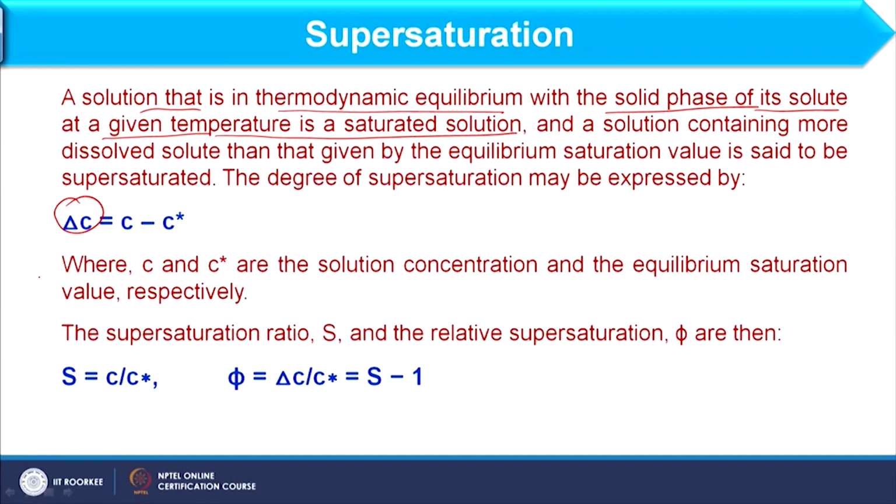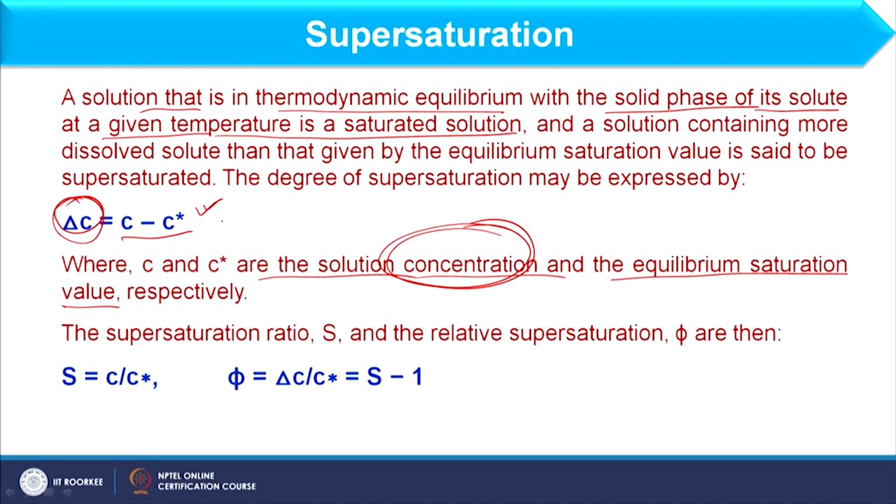So, what is the degree of supersaturation? That must be the concentration at present when I am considering a supersaturated solution and the concentration at the equilibrium condition when it is a saturated solution, right. So the degree of supersaturation is basically C minus C star, where C and C star are the solution concentration at the supersaturation condition and the equilibrium saturated value.